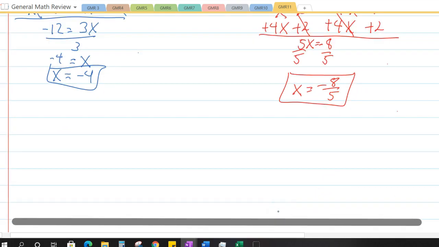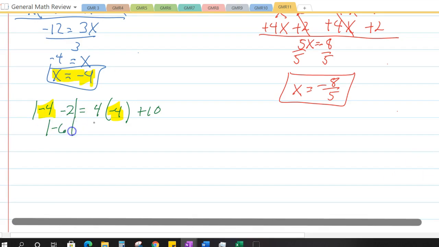Now I need to check for extraneous solutions. What I do is I take those answers and I plug them back into the original equation. Absolute value of -4 minus 2 is equal to 4 times -4 plus 10. Wherever I had an x, I wrote what x equals, the -4. Now I solve.